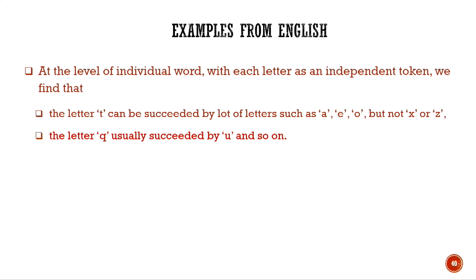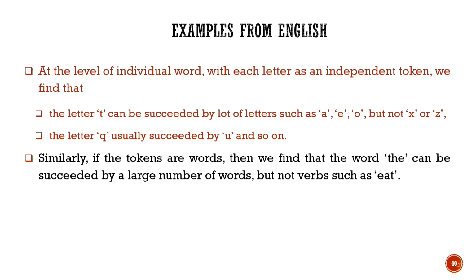Now, if we consider words instead of letters as the tokens, and build a similar model, what kind of insights can we get? We find that the word 'the' can be succeeded by a large number of words, but not verbs such as 'eat'. We don't say 'the eat', right?